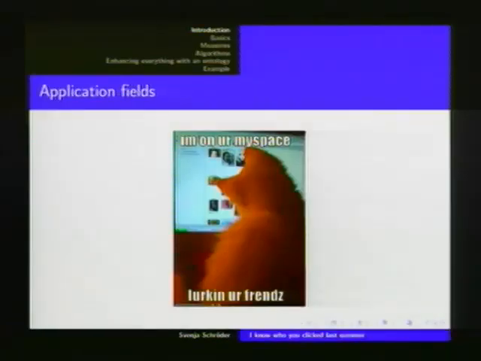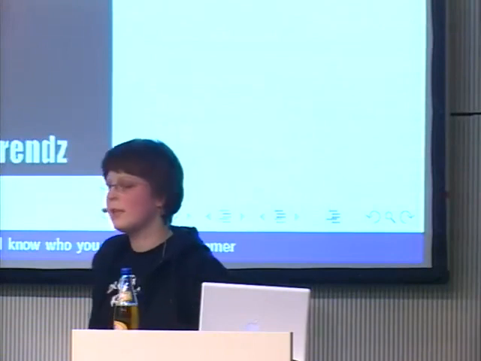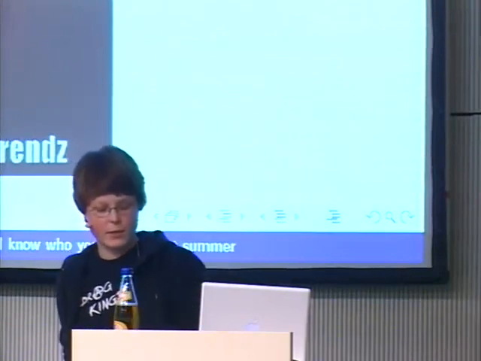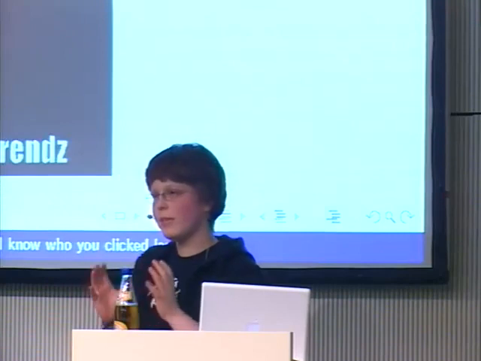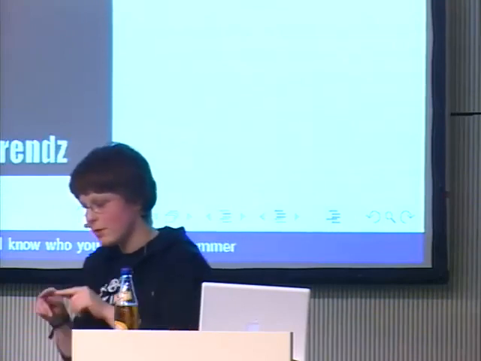Application fields. I don't know how many of you are in a Web 2.0 community. Like maybe StudiVZ, the German Facebook. You can see who's the friend of your friends, and you know how many other people you are connected to a person whose profile you're visiting, and you always see a special part of this network, which is your network and your reach in this network.